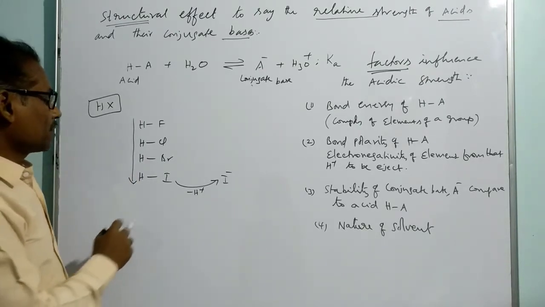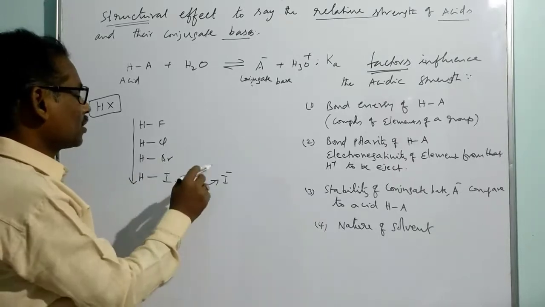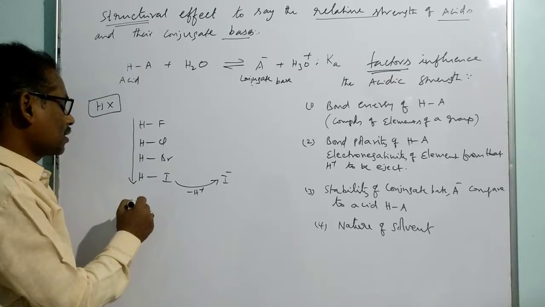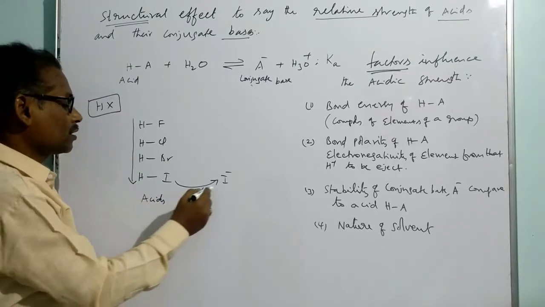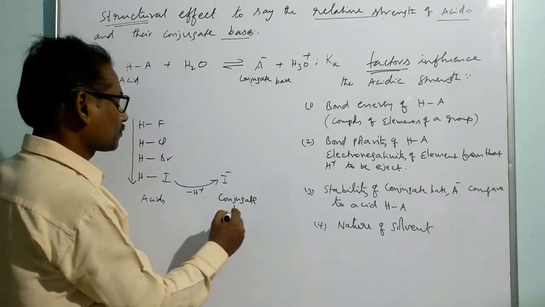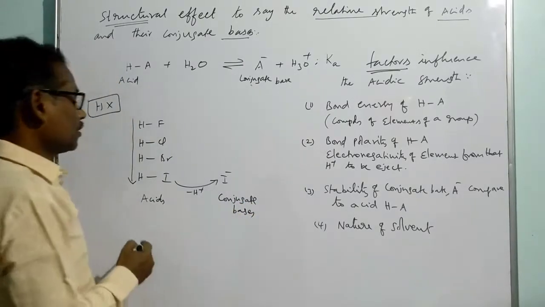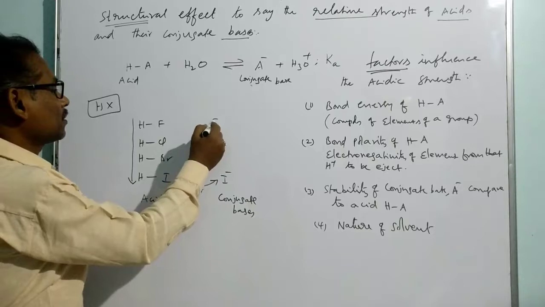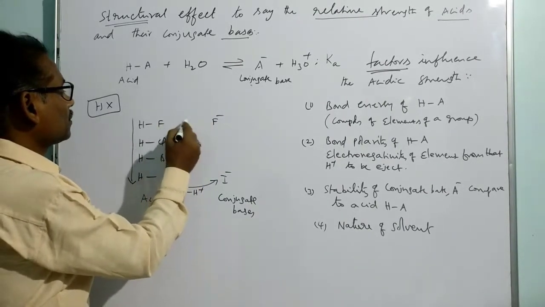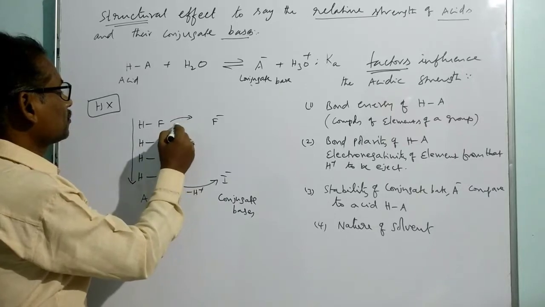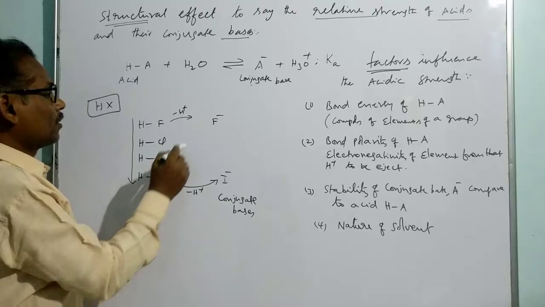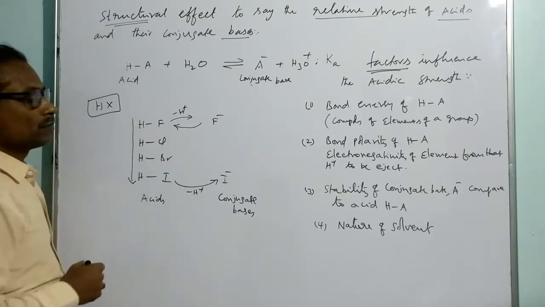Here we can also explain this factor based on the electron density of the conjugate base. These are acids, and these are the conjugate bases. What is the conjugate base of this? F minus. Here it is less preferred to move to this side, because it is more preferred to get back to HF.